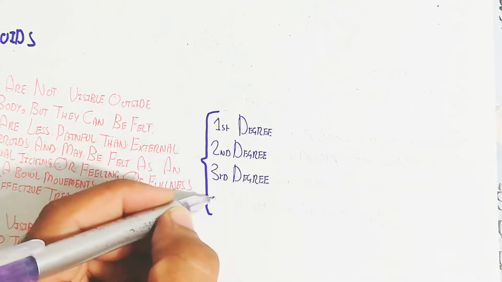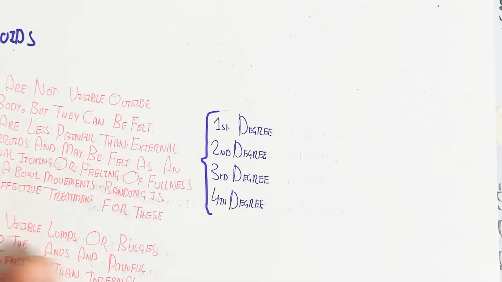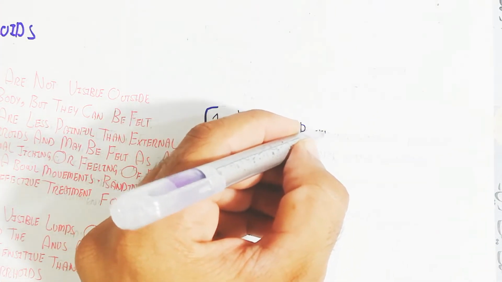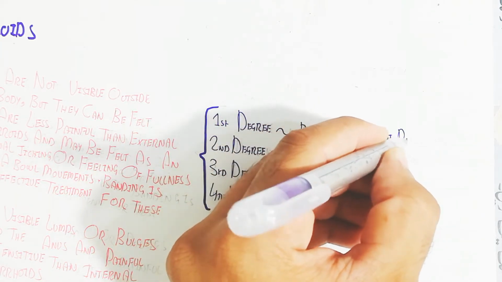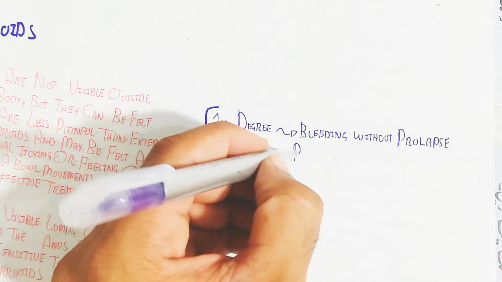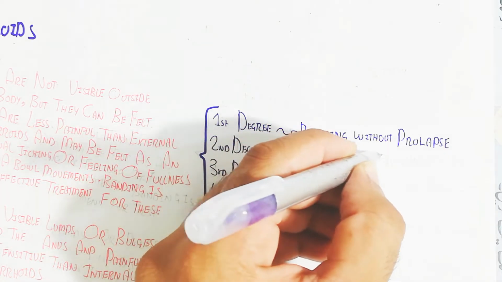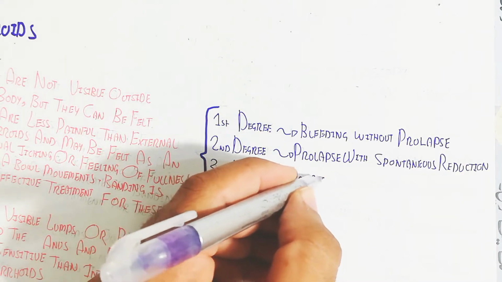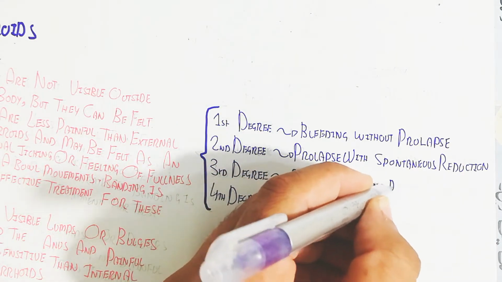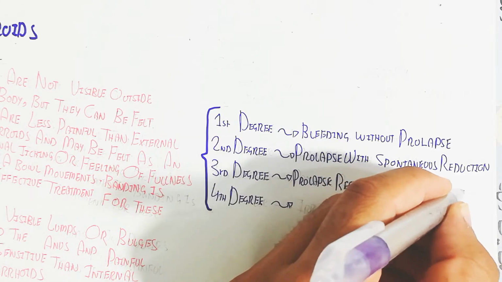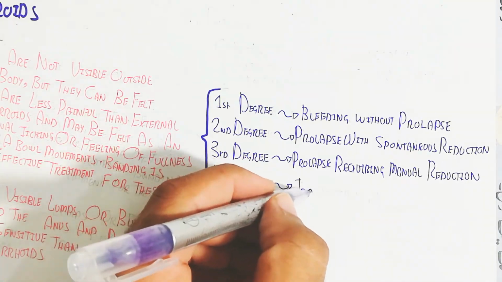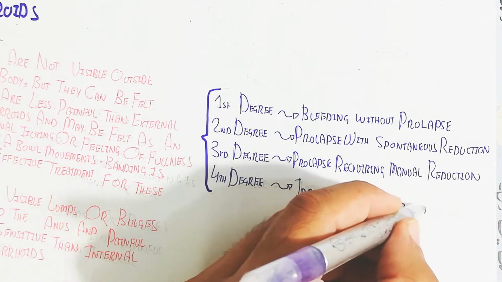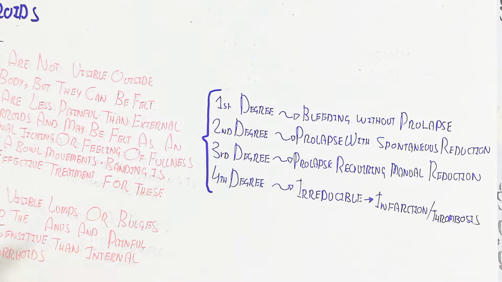So remember, internal hemorrhoids are graded as first degree, second degree, third degree and fourth degree. The first degree is bleeding without prolapse, the second degree is prolapse with spontaneous reduction, the third degree is prolapse requiring manual reduction, and the fourth degree is irreducible, with infarction and thrombosis causing acute severe pain.